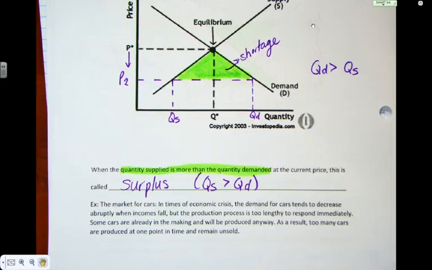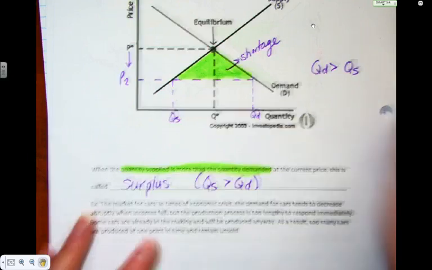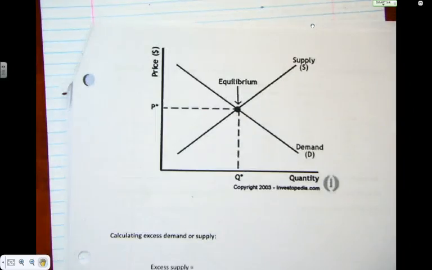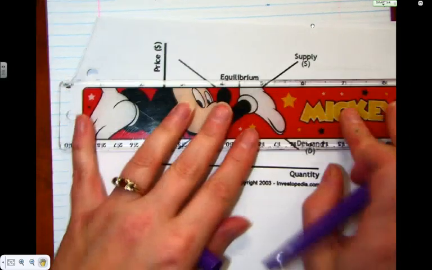We're talking more about a bigger industry. And so if people lose their jobs or income decreases, we already know from our demand stuff last year that people stop buying cars. But what happens with the production of it? Well, they can't just halt in the middle of the factory when they have cars half done, right? That's not going to be efficient. So they finish off what they have. Well, what does that mean to the supply? It's going to be way bigger than what people demand. Okay, so that means price is going to go up.